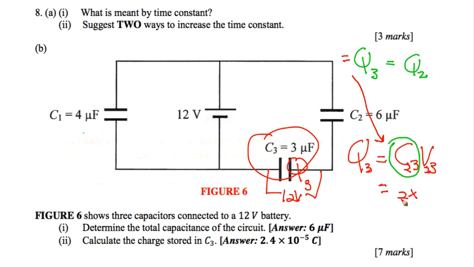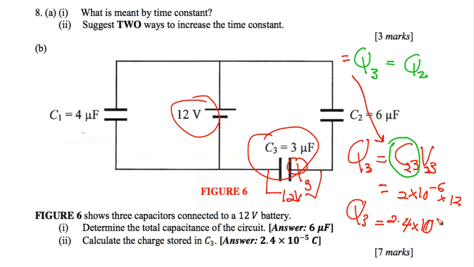C23 is 2 times 10 to the minus 6, and V23 is equal to 12 volt. So the charge on capacitor C3 is equal to 2.4 times 10 to the minus 5 coulomb.